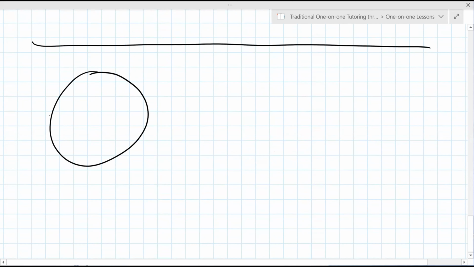So here's your circle, and here's your diameter. Your diameter is 8.4 centimeters.